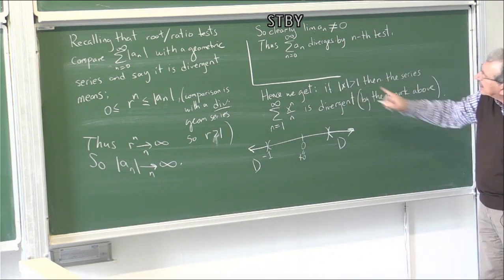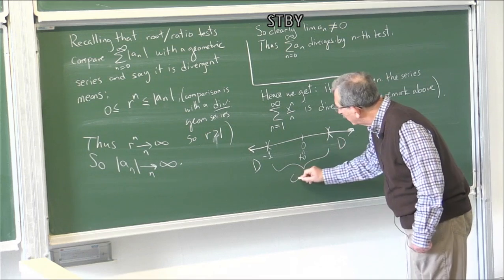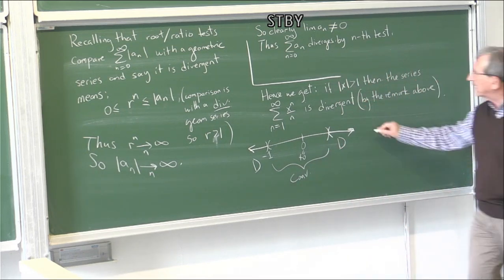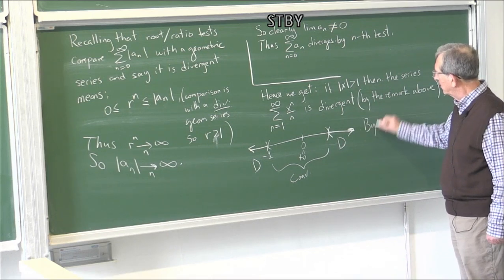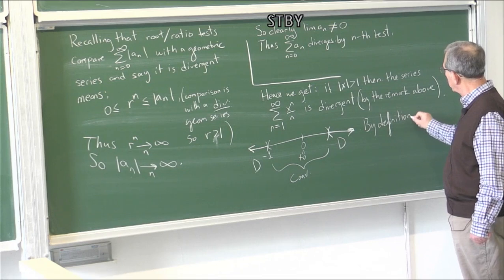If absolute x is less than 1, here we have convergence. But this precisely says r is 1.